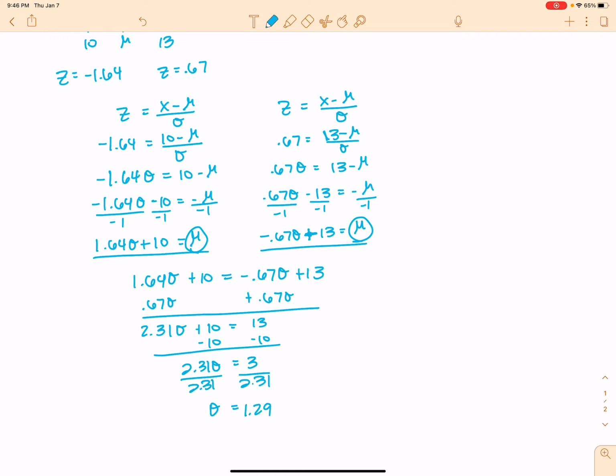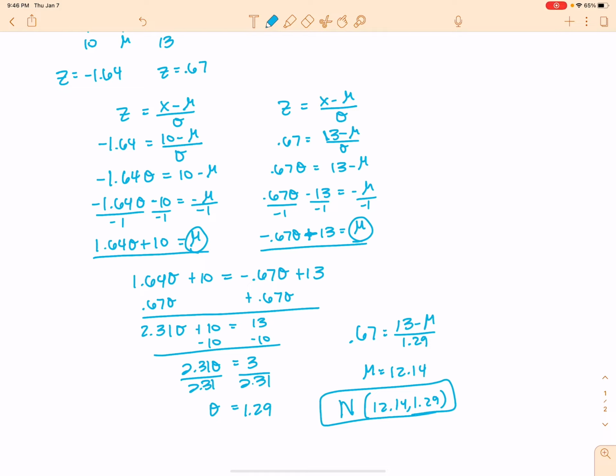And then you can use that in one of your equations. It does not matter which one. To get the mu, or the mean. And then, of course, you have your parameters. Good luck.